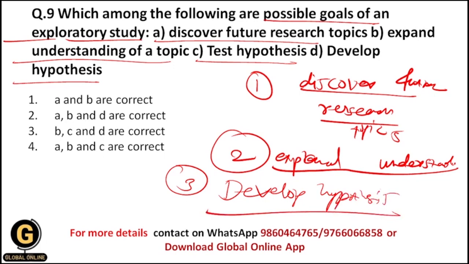We don't test the hypothesis over here. There is no need to test it, because there is no conclusion. We only develop the hypothesis in the exploratory study. That's why the correct answer to this question is second, that is A, B, D are correct, because only these are the possible goals of an exploratory study.